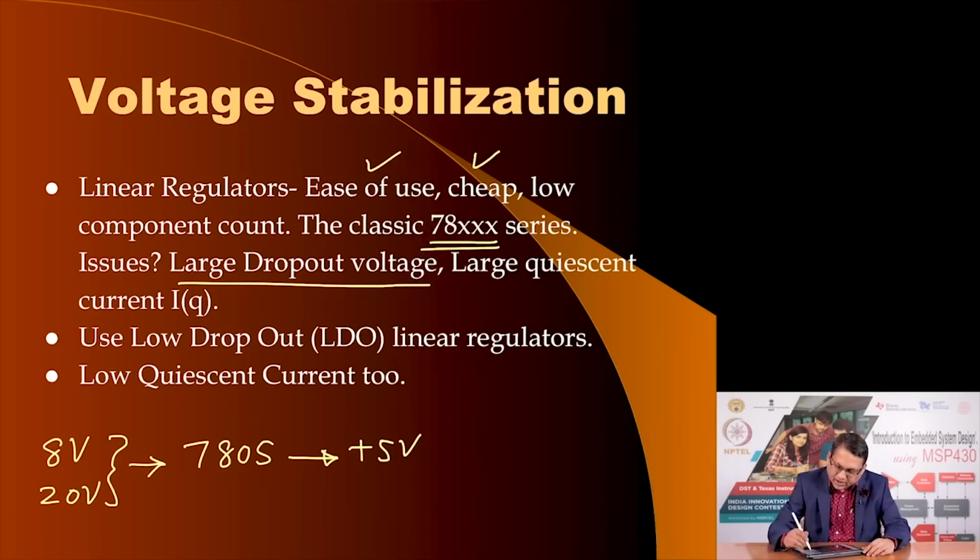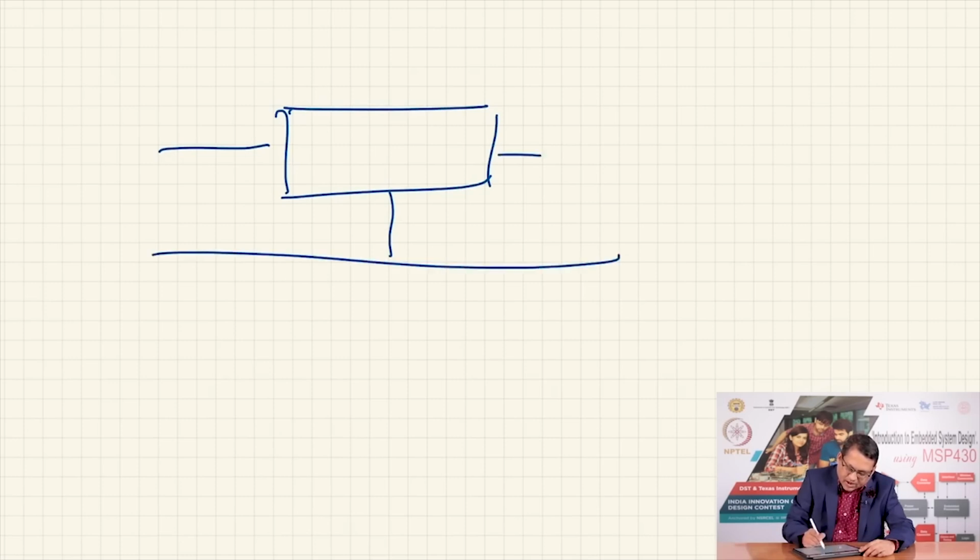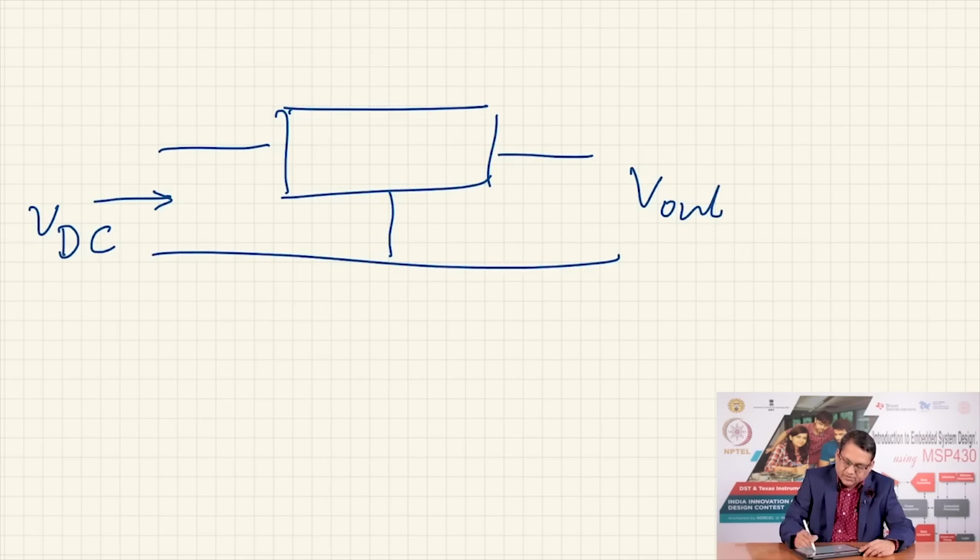Let us look at it. If this is my regulator, and I apply a DC voltage here which is unregulated, meaning it could be fluctuating in nature, and I want V out which is fixed and stable.